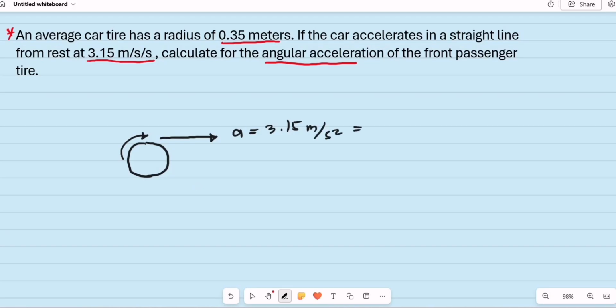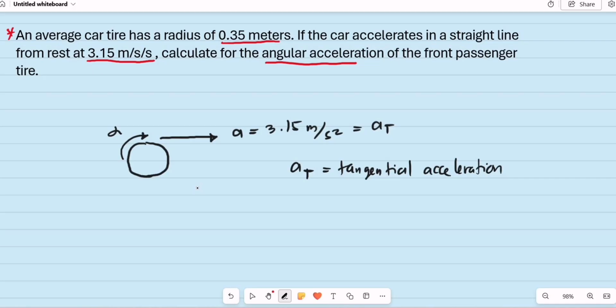So we call this one the tangential acceleration. So what is the equivalent of tangential acceleration? This is the equivalent acceleration along a straight line due to the rotation of the tires.